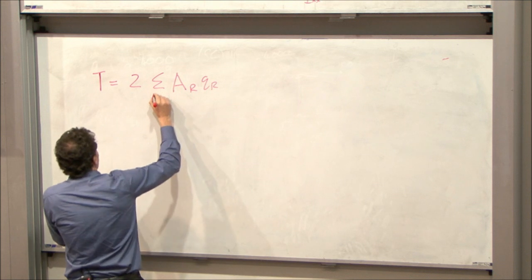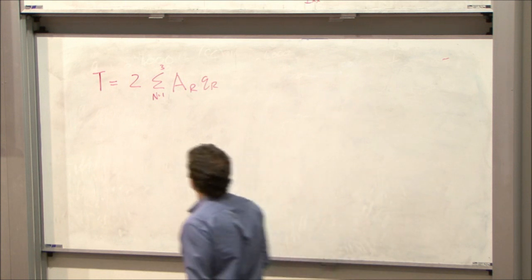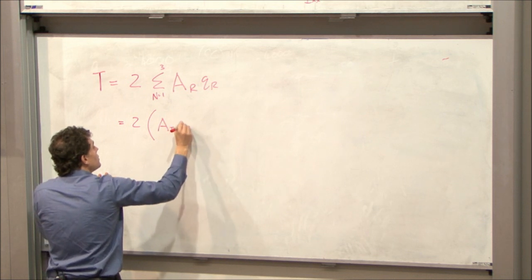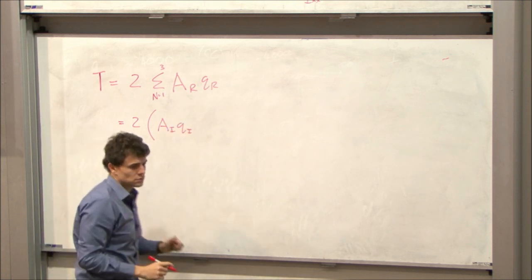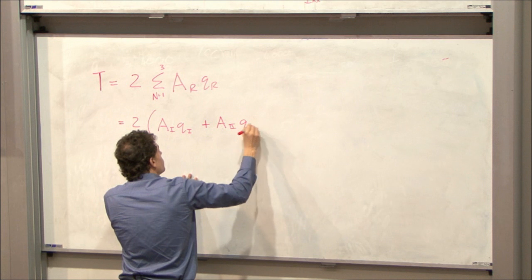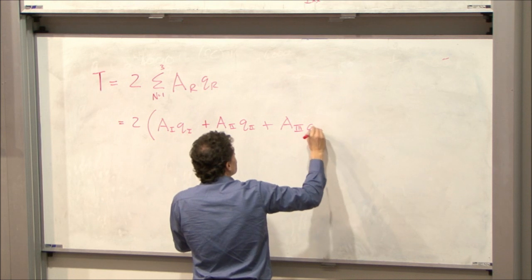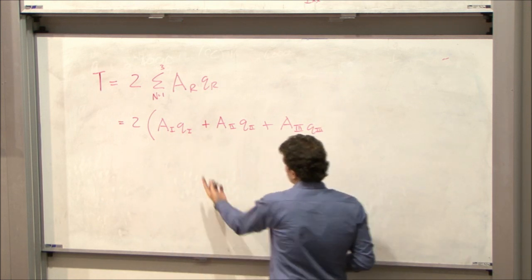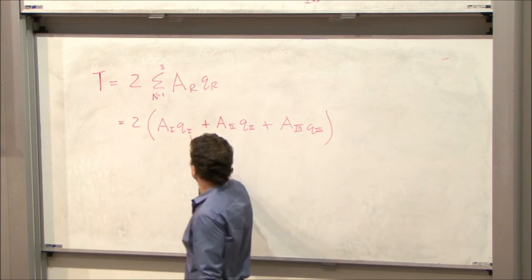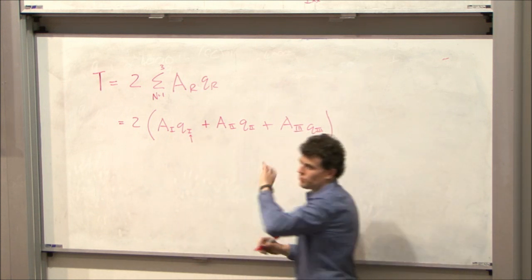And in this case, n equals 1 to 3 because we've got 3 cells: A1 Q1 plus A2 Q2 plus A3 Q3. Okay, another little trick when you're reading Megson, if he uses Roman numerals, he's referring to cells. So he's referring to shear flow for things to do with cells instead of for particular panels.